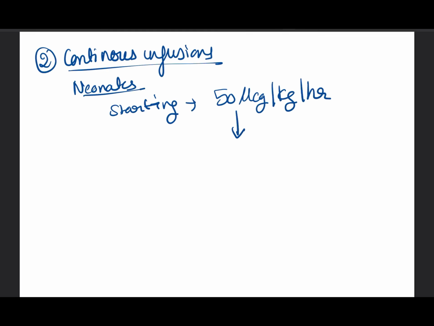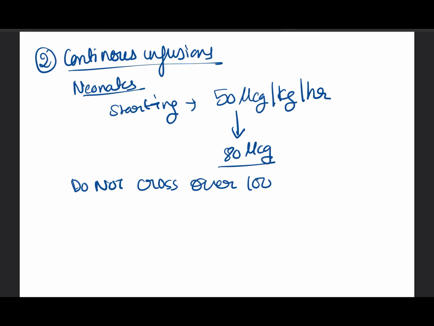You can go up to 80 microgram per kg per hour. For an older infant, you can go up to 800 microgram per kg per hour, but try avoiding that in newborns.